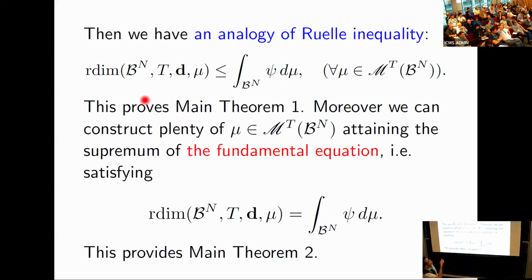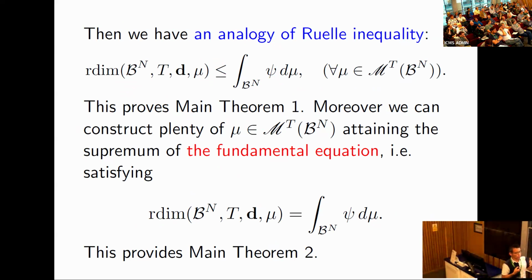So rate distortion dimension is always bounded by this integral. And moreover, by investigating the proof of this fundamental equation more precisely, we can actually check that there are plenty of invariant measures mu attaining the supremum of the fundamental equation. Namely, it's the measure mu satisfying this equation. So this provides main theorem 2.